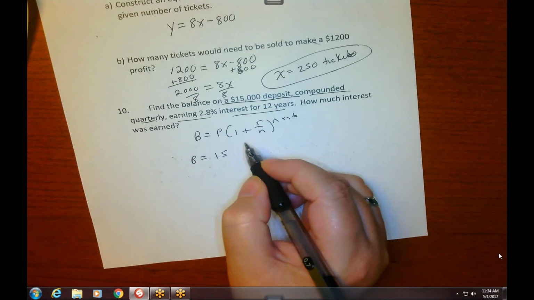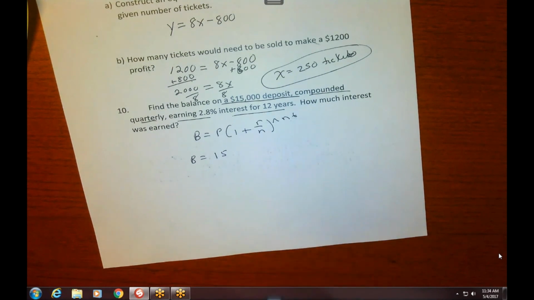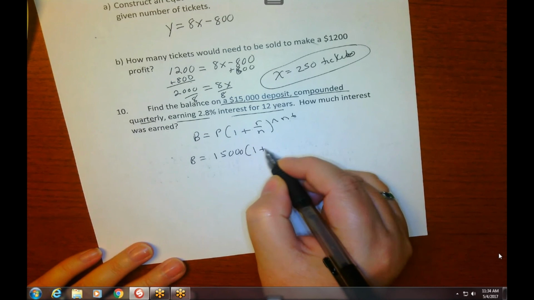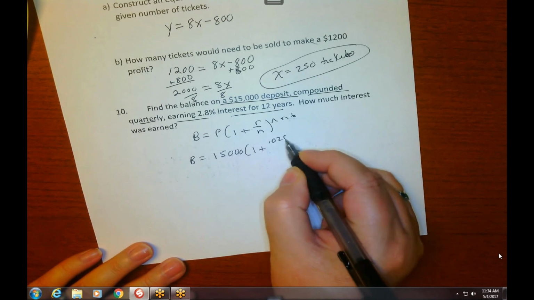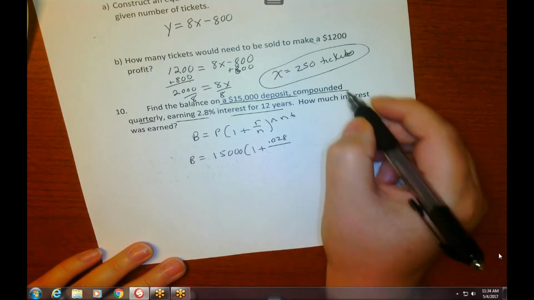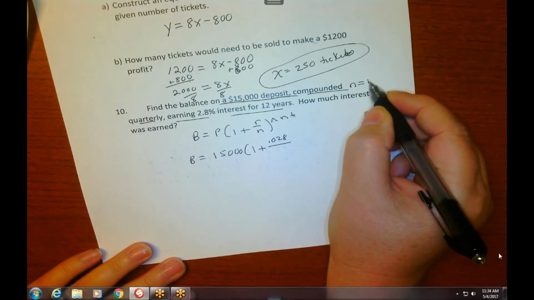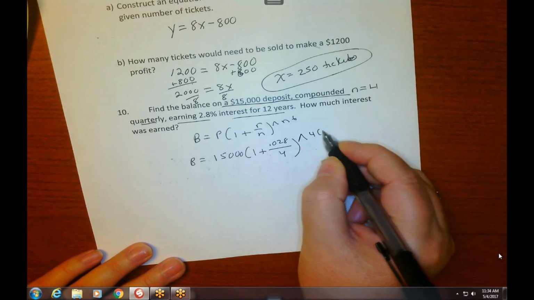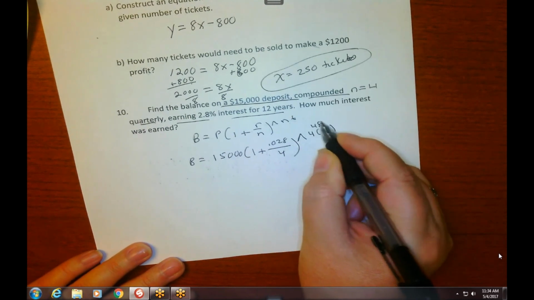So 1,500 times 1 plus 0.028, compounded quarterly, that means n is going to equal 4, to the 4 times 12, which will be 48.